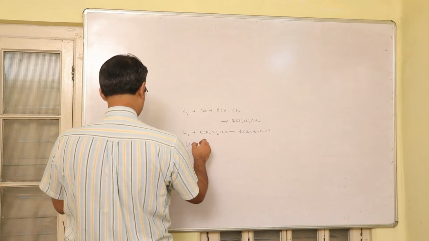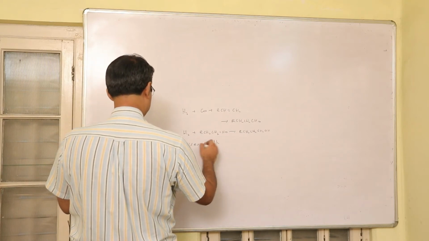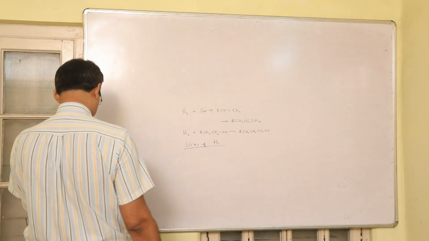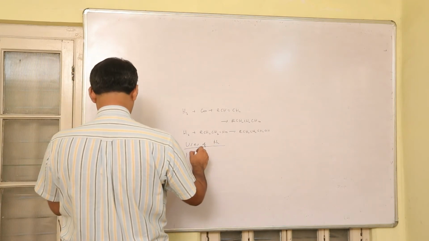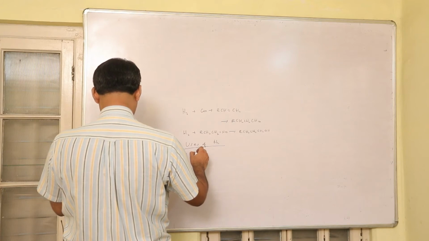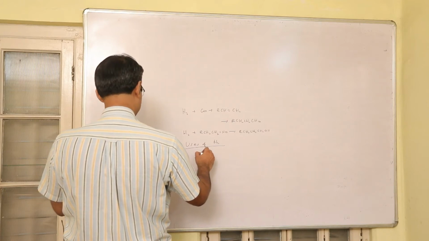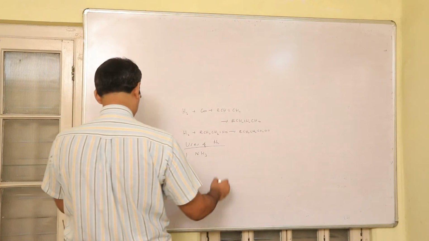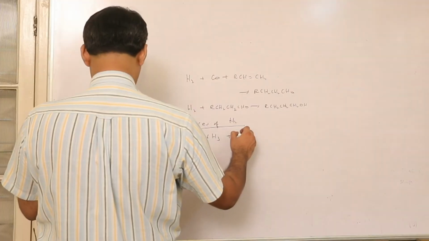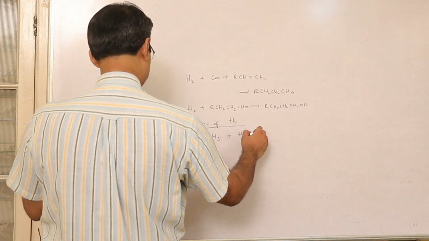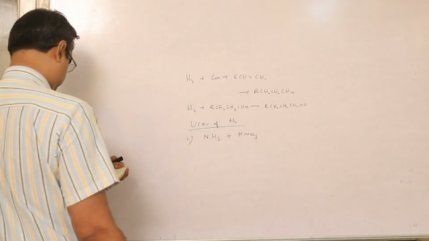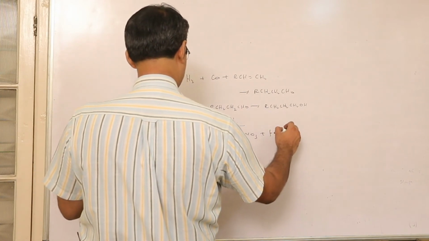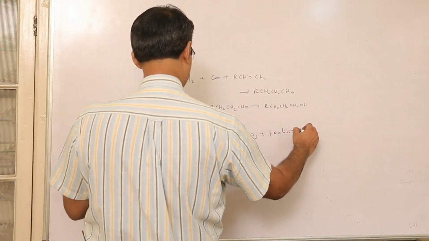Now we come to the uses of hydrogen. First, very important use of hydrogen. Hydrogen is used to manufacture ammonia. And by the way, ammonia in turn is used to manufacture HNO3, and also it is used to manufacture fertilizers.